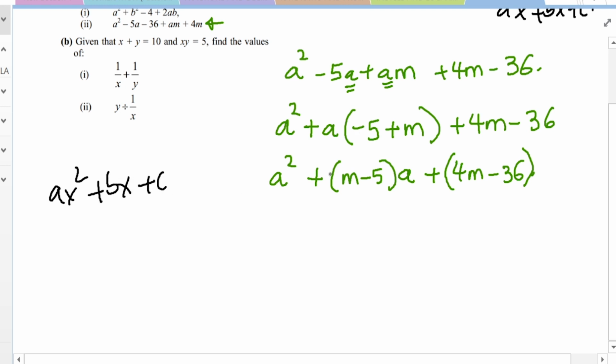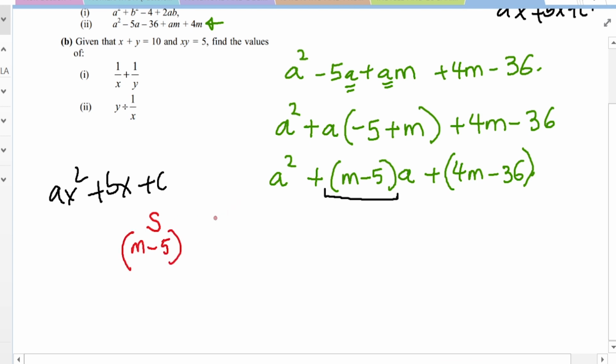So from here, we're going to try and find two numbers, such that when we add these two numbers, they give us a sum of m minus 5.